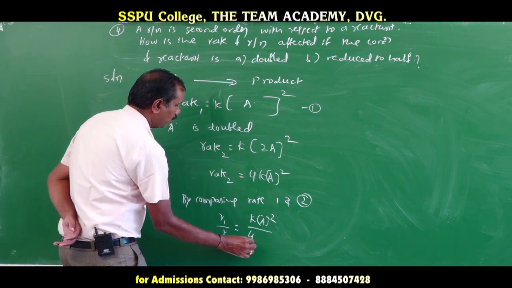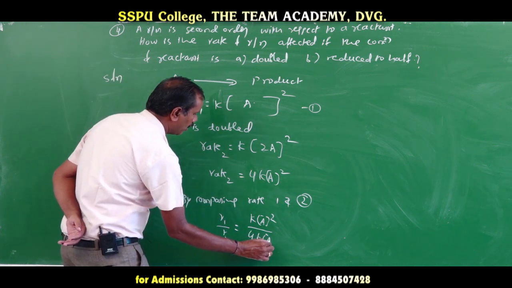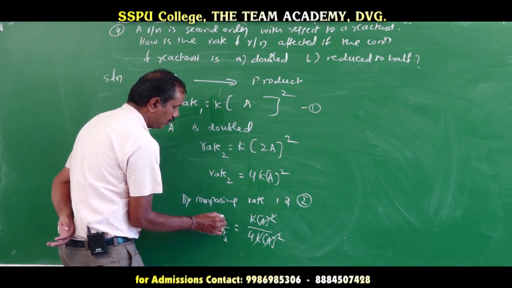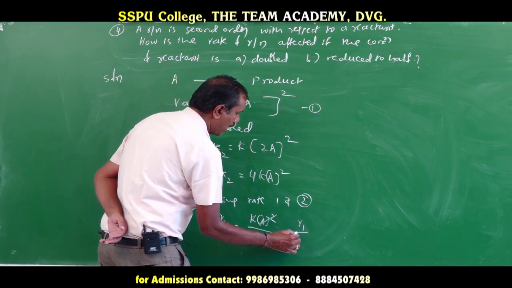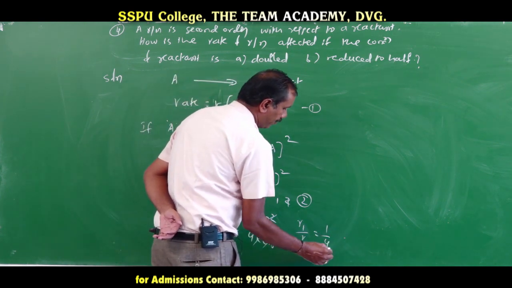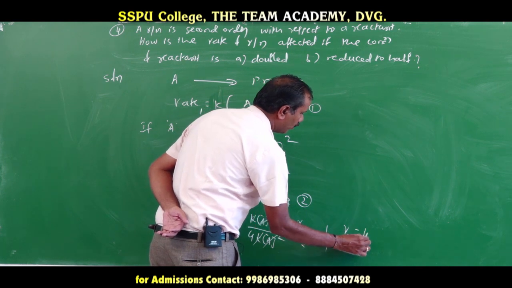Rate 2 is 4 into K into A to the power of 2. These two cancel, K cancels. So R1 by R2 is equals to 1 by 4, which means rate 2 is equals to 4 into rate 1.